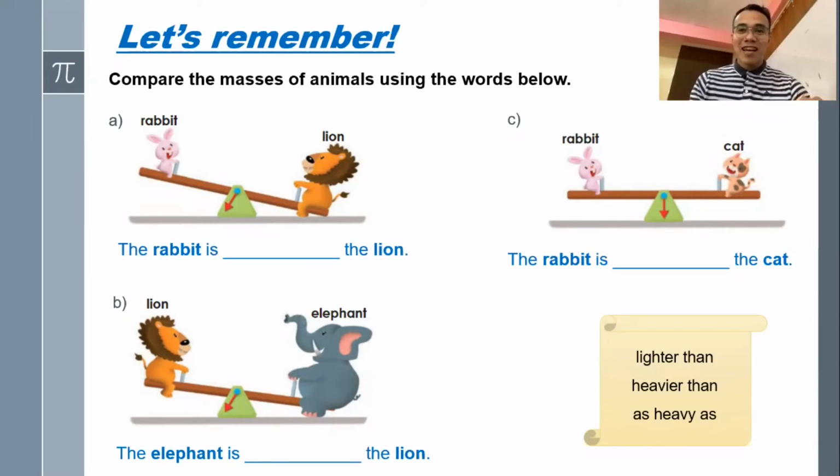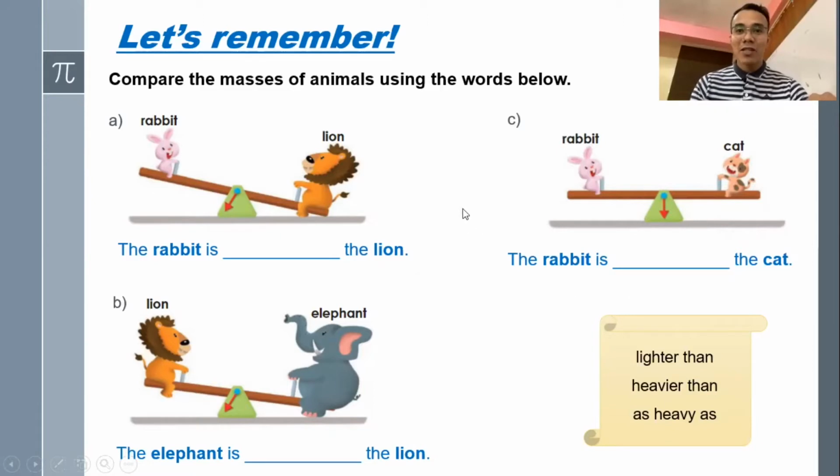The instruction is: compare the masses of animals using the words below. The words you're going to choose from are lighter than, heavier than, and as heavy as.